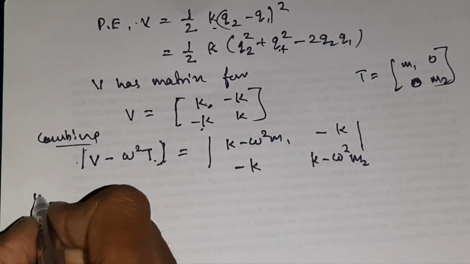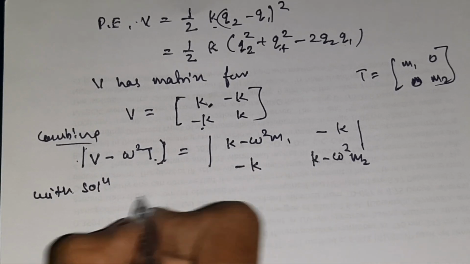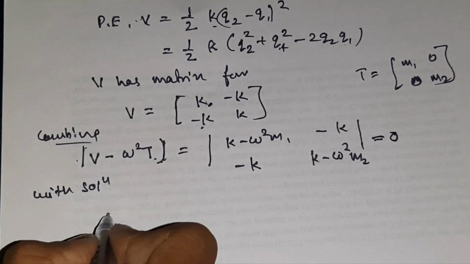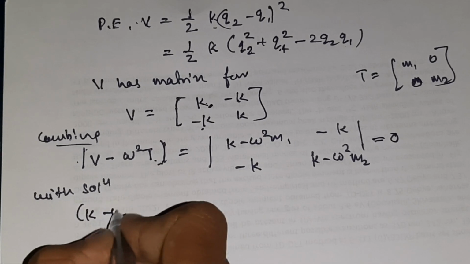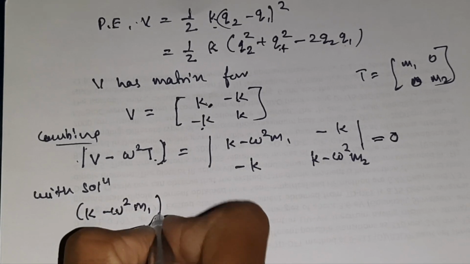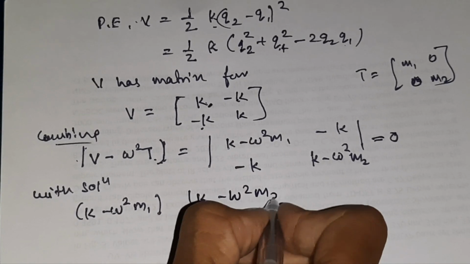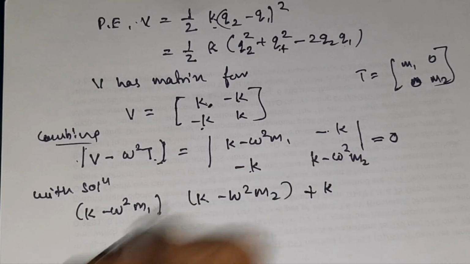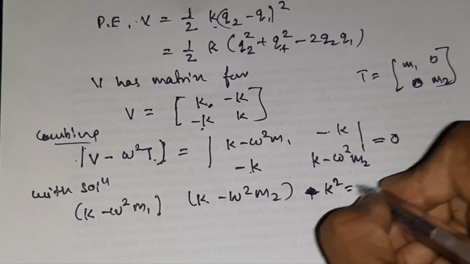For the solution, the determinant is equal to 0. If we multiply the diagonal elements, we get (K minus omega square m1) into (K minus omega square m2). This will be plus K square, minus minus plus, but again we have a minus sign, so minus K square equal to 0.